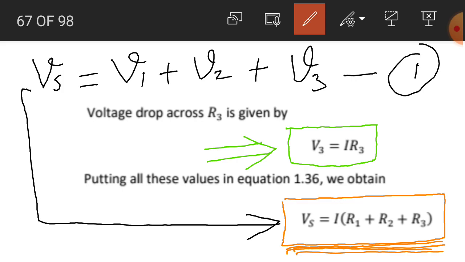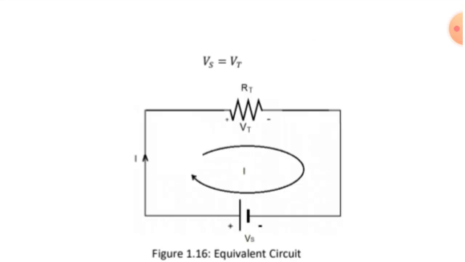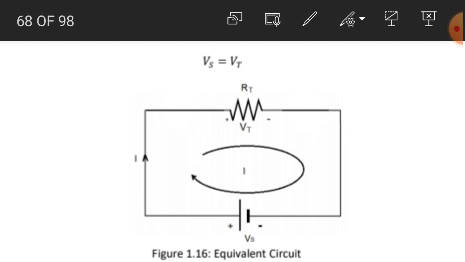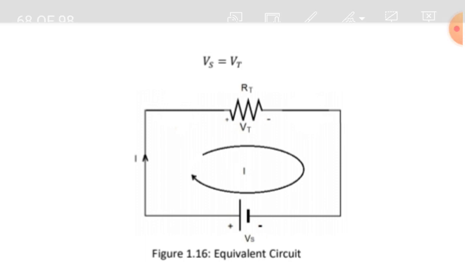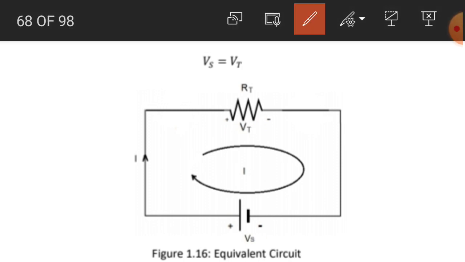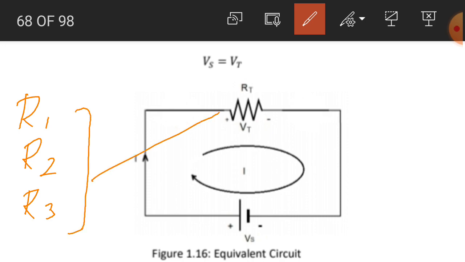Now what we do, we replace the series combination of R1, R2 and R3 by a single resistor. The resistance of the single resistor is represented by RT.